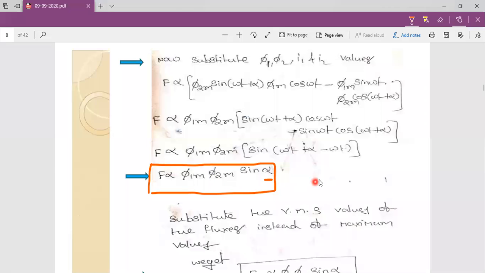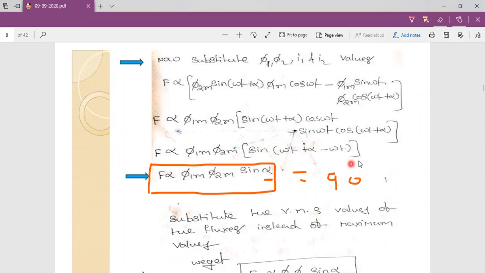If alpha is equal to 90 degrees, then this F value becomes maximum. When alpha is equal to 90 degrees, we can get maximum torque. Now, if alpha is equal to 0, what happens?